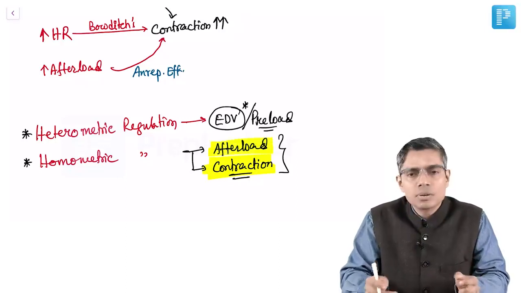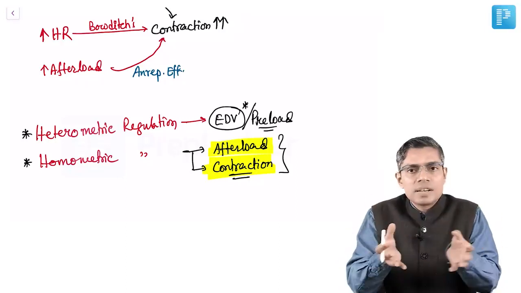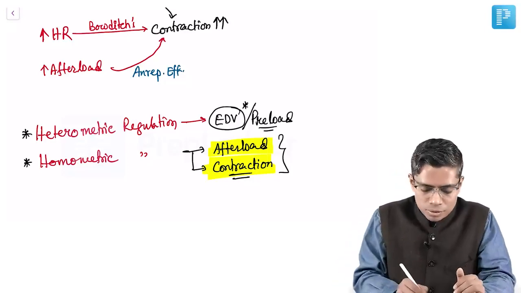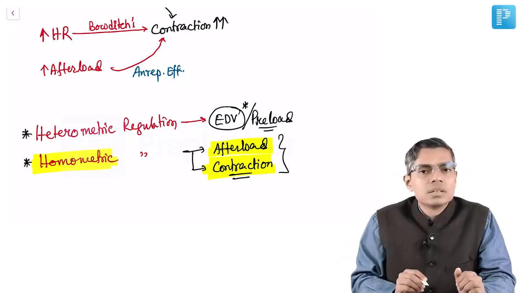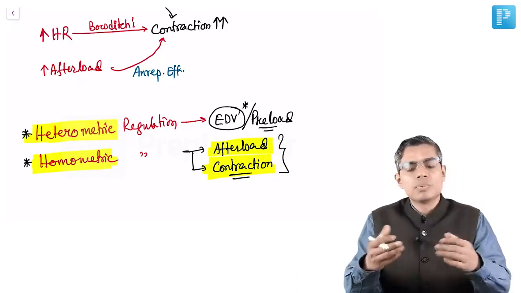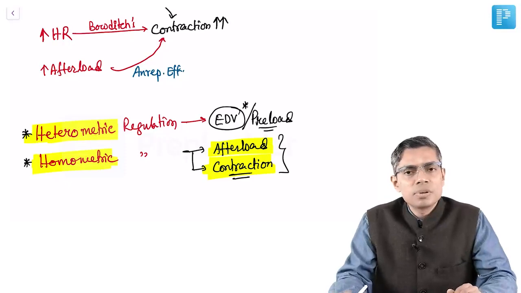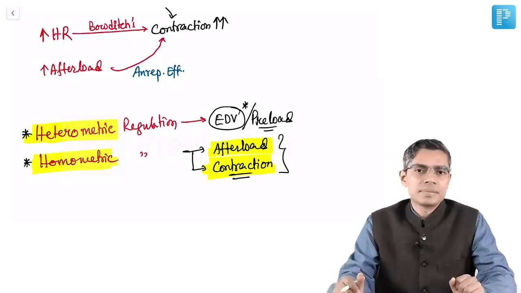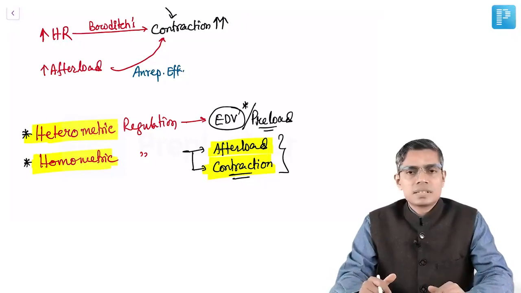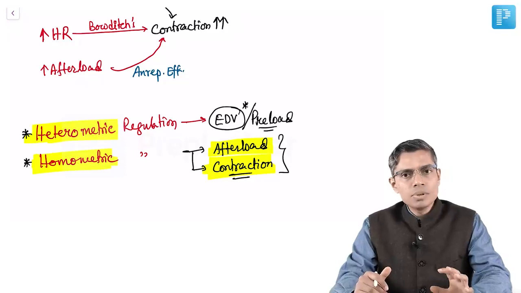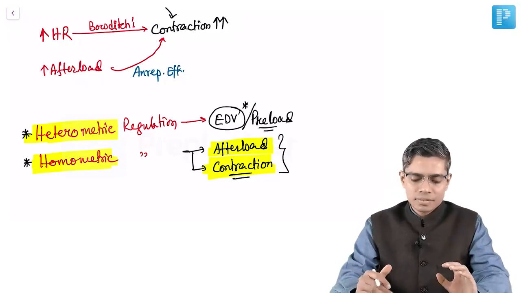If you are changing the afterload, you are changing the aortic pressure, but ventricular muscle length is not going to change before the onset of contraction. So this is known as homometric regulation of cardiac output. And heterometric means whenever the EDV is more, the length of myocardium will be more, and that is known as heterometric regulation, right?